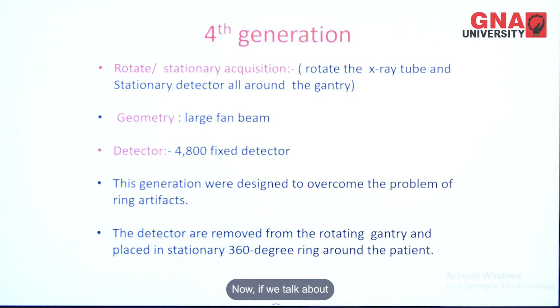Now if we talk about the number of detectors used in the fourth generation, the number of detectors was usually around 4,800 fixed detectors. This generation was designed to overcome the problem of ring artifact, and the detectors are removed from the rotating gantry and placed stationary in a 360-degree ring around the patient.